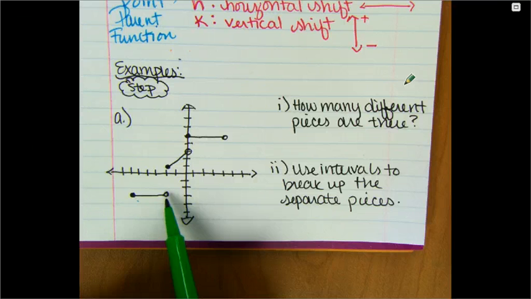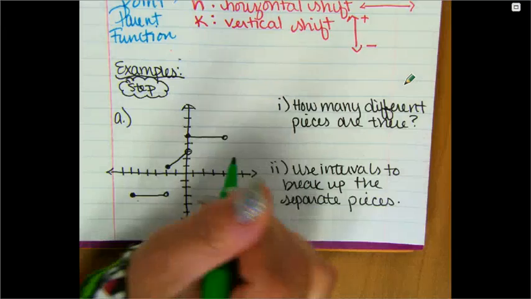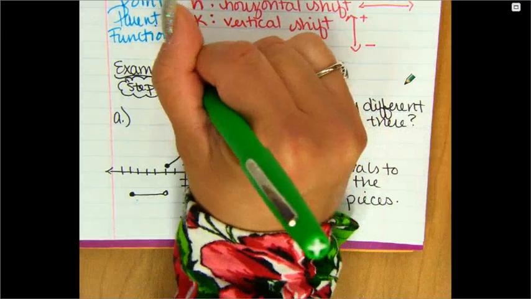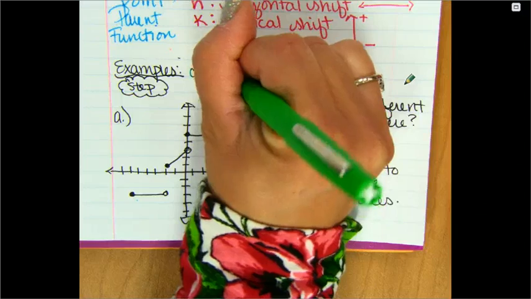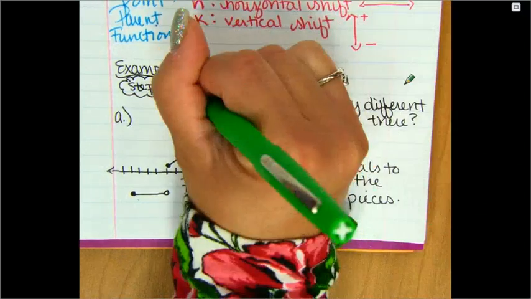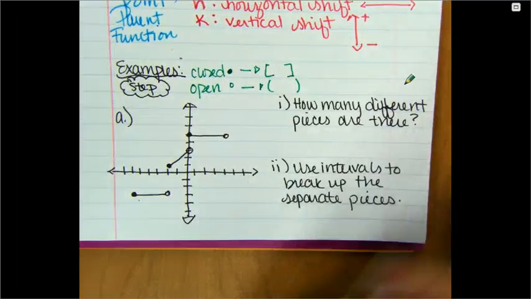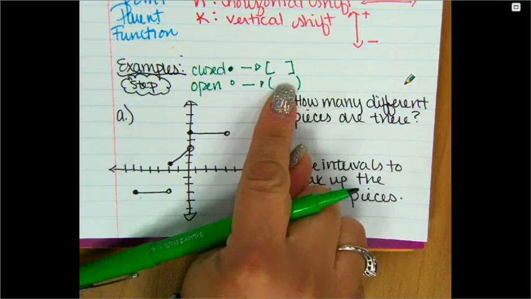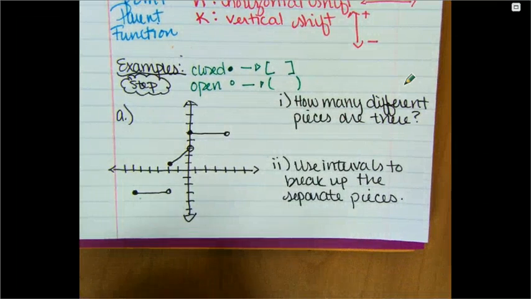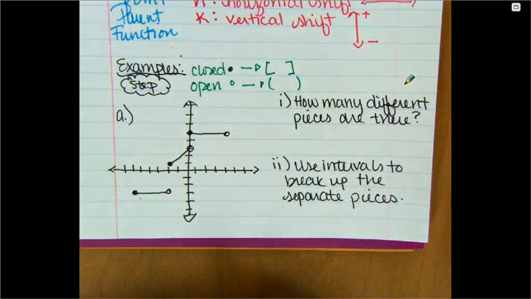This one does not count as a point. That's why it's open. The function has now jumped to here. So you are going to make yourself a note. When you have a closed little circle, you have a bracket. But when you have an open circle, you have parentheses. Because we're not really at that point when we have a parenthesis, right? Like infinity, we can never really get there, which is why it's parenthesis, but we are there at the closed bracket. Make sense?